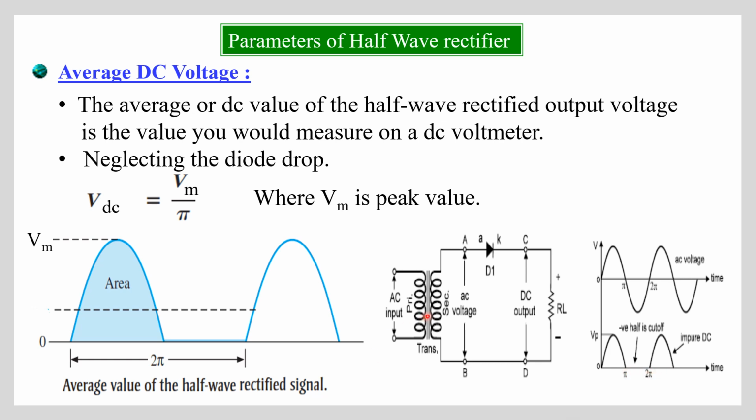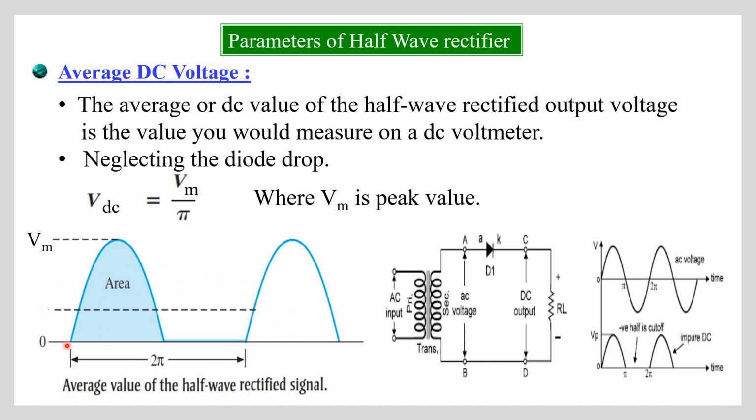Now, the average or DC value of the half wave rectified output voltage is the value you can measure with the help of a DC voltmeter or multimeter. We measure the voltage across RL and that value is nothing but VDC. If you see the waveform of the half wave rectifier, during the first half from 0 to pi, the waveform can be expressed as Vm sin omega t, while for the other half, pi to 2 pi, it is equal to 0.